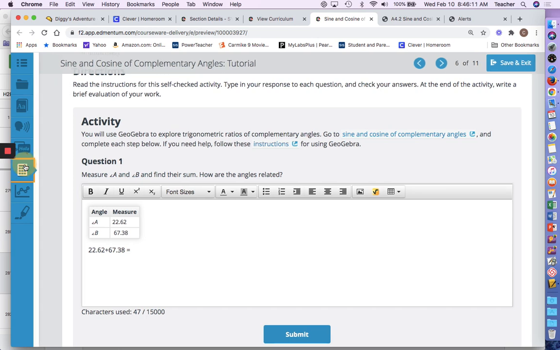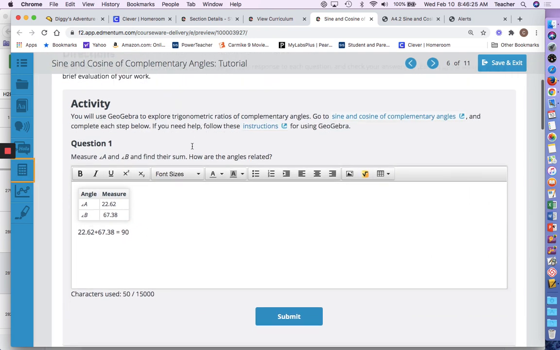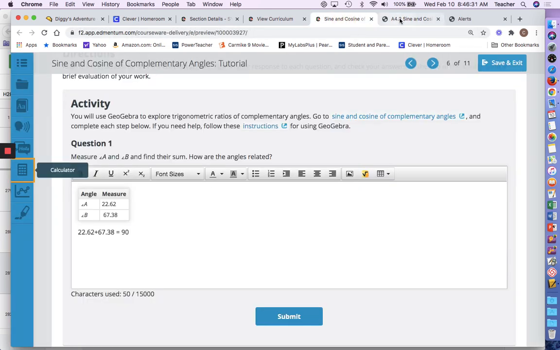For you non-believers, we're going to get a calculator and prove it. So I'm going to add them together, and it's 90. 90 plus 90 is 180. So how are the angles related?